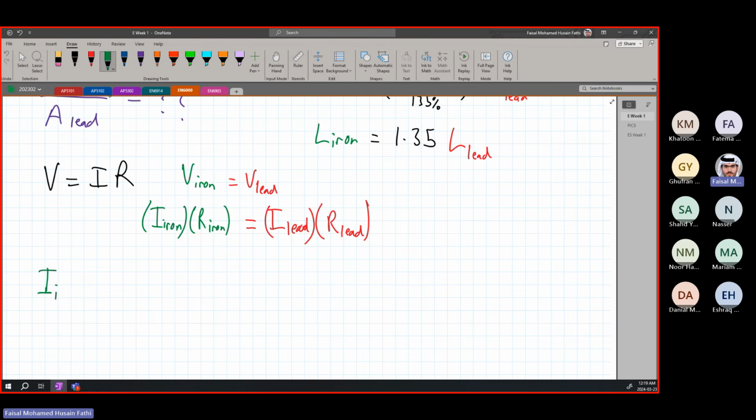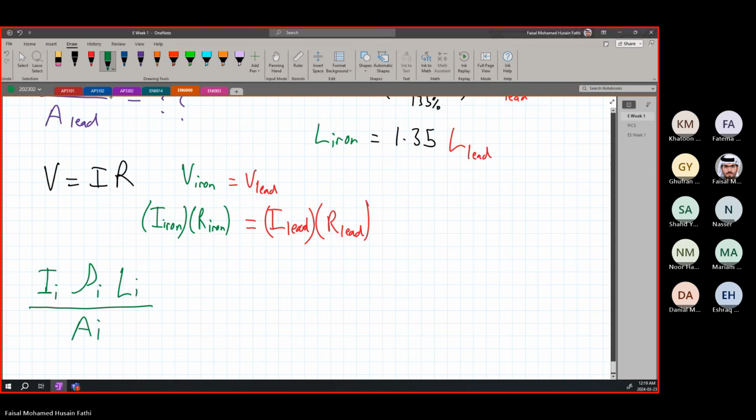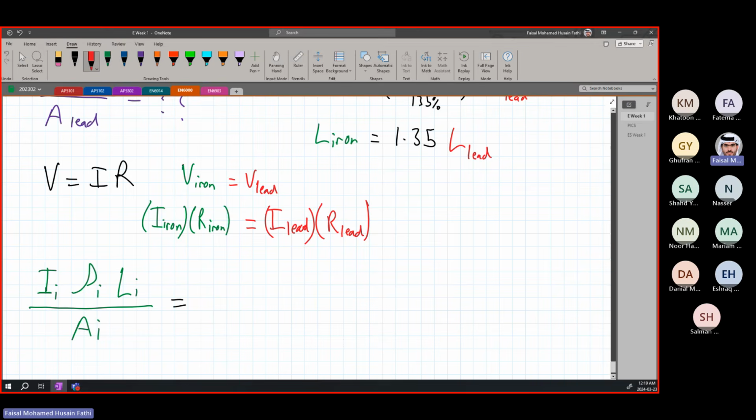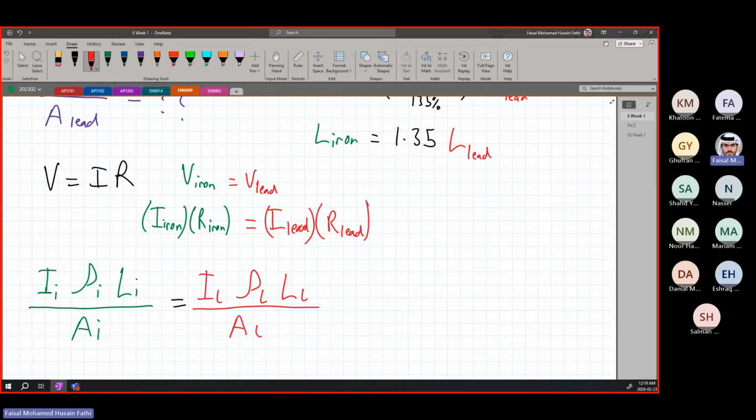I'm just going to keep calling it I of I. R of I is just the resistivity of I, length of I, divided by area of I, is equal to the I of lead, rho of lead, length of lead, all over the area of lead.